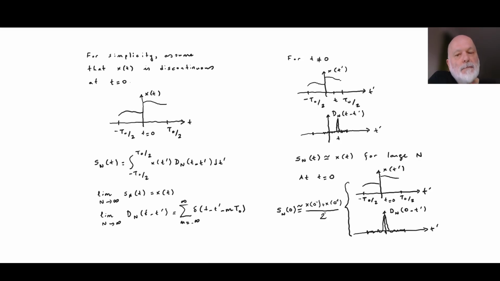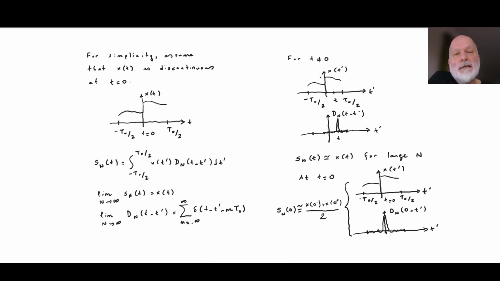Which means that by means of this argument, the Fourier series converges to the arithmetic mean of the values x of 0 plus and x of 0 minus. That means the value of the signal at a value of t slightly less than 0 and slightly greater than 0.